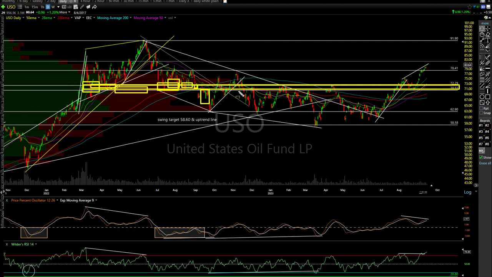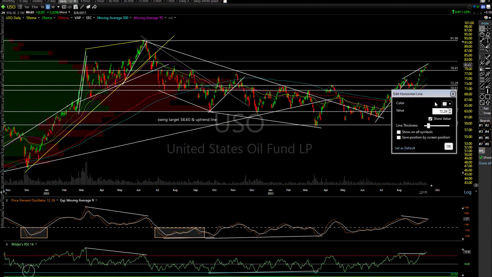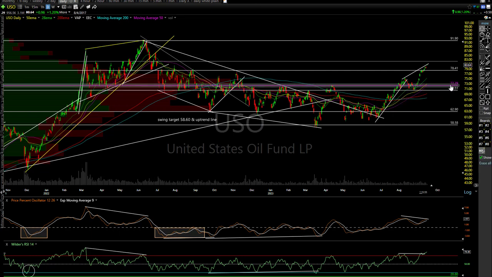We broke it. Danced through it a little bit, but most importantly, I always put a higher weighting on more recent technicals. In other words, if this level has been acting as, which it has, about $72, very good resistance all year, all of 2023, even late 2022, that's more important than the $72 level acting as support or resistance back in 2013.